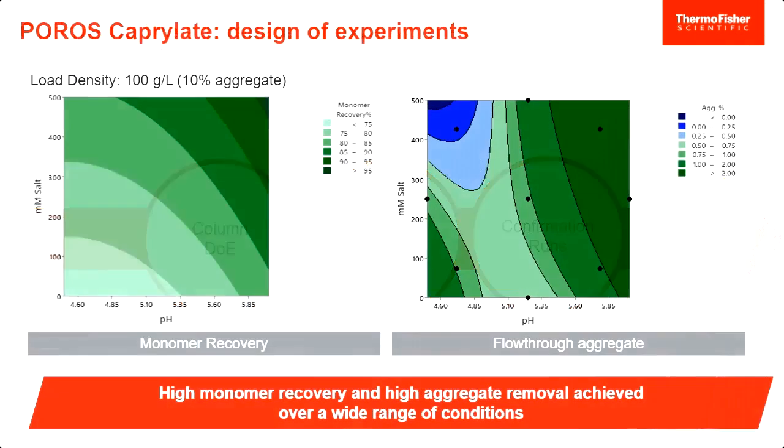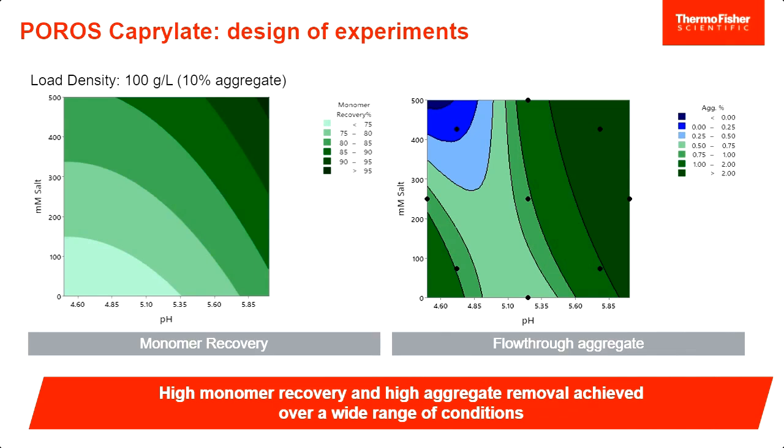For the DOE study, we looked at monomer recovery and aggregate in the flow-through as a function of pH and conductivity. The sample here that we used contained 10% aggregate, and it was loaded at 100 grams per liter onto a 1 ml column. The contour plots that you see here show that monomer recovery increases with pH and conductivity.